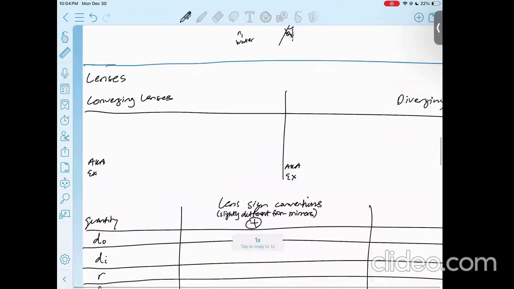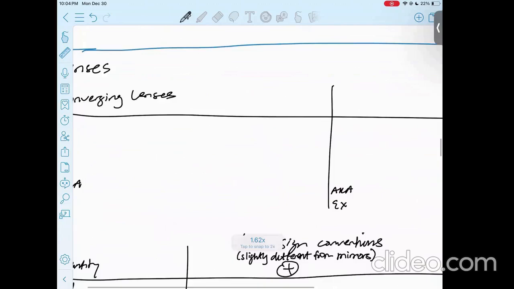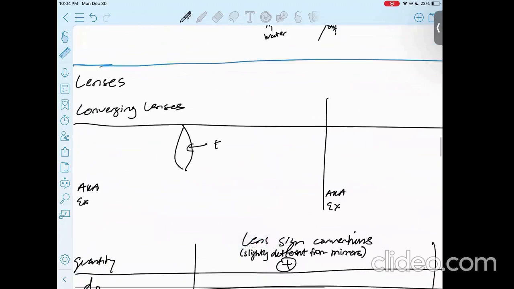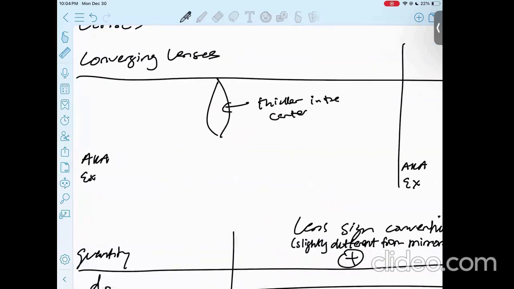Okay, so like with mirrors, we have converging and diverging types, although it's a little bit different here. So with a converging lens, those look like sort of teardrops. They're thicker in the center. And these are convex lenses.